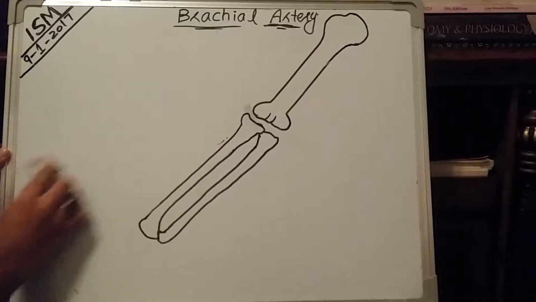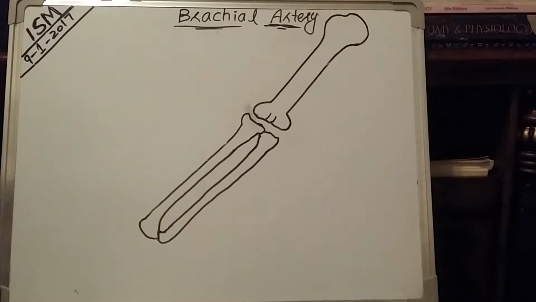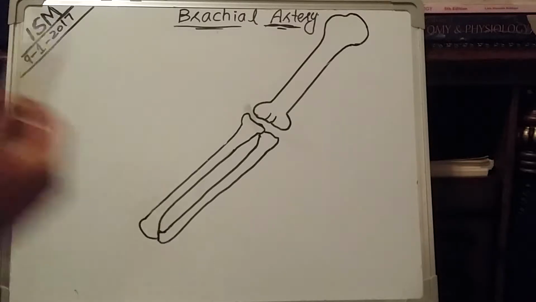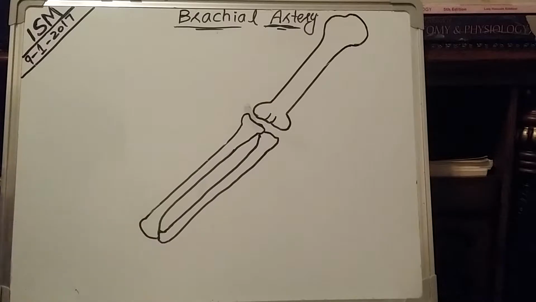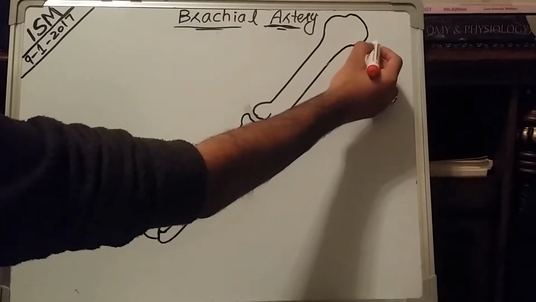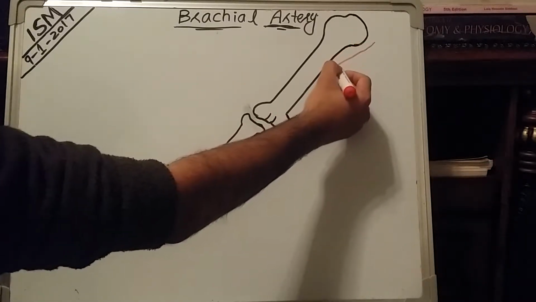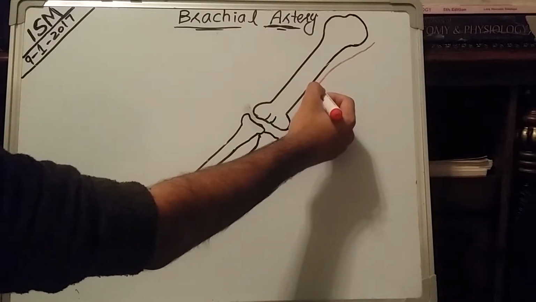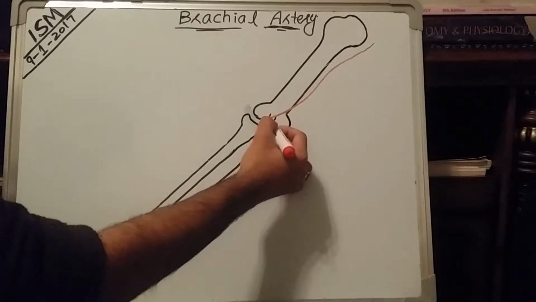So we will go through one by one. As we know, the subclavian artery divides further into the axillary artery, and after the axillary artery, the same artery we call the brachial artery. The brachial artery starts moving here, and from here it moves inside and gives rise to branches.